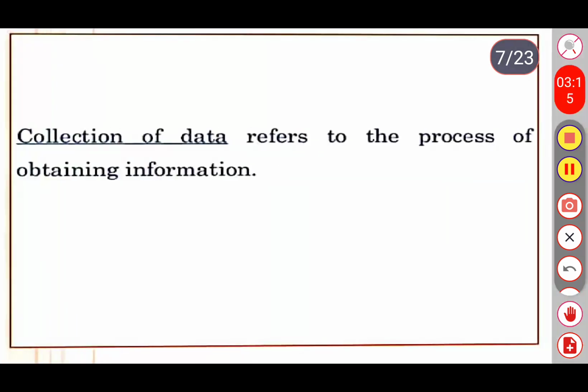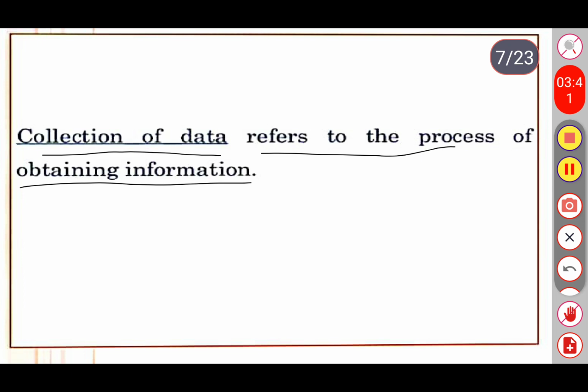Next one, what do you mean by collection of data? Data is nothing but numerical information. So how are we going to collect this kind of data? Collection of data refers to the process of obtaining information. We gather all the data from outside sources or from inside sources also.